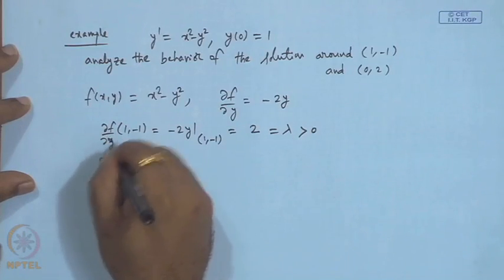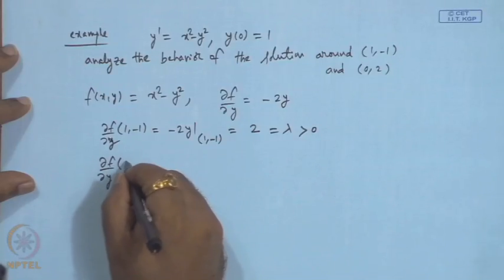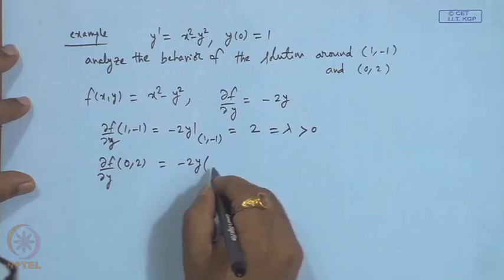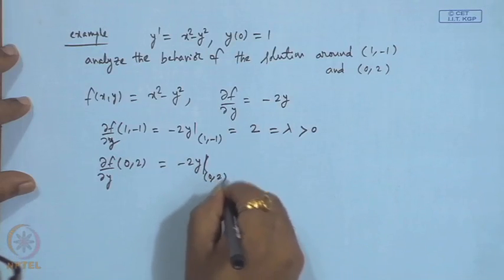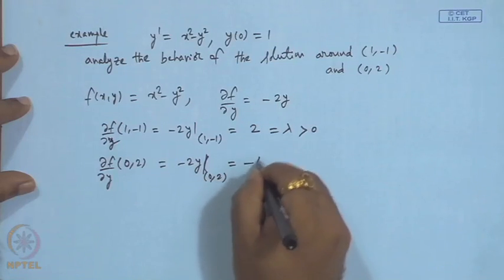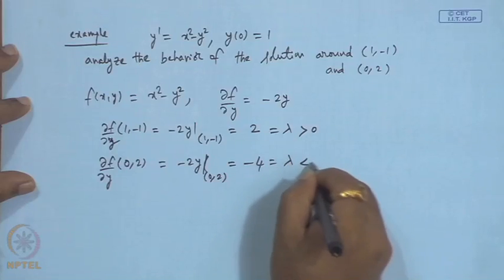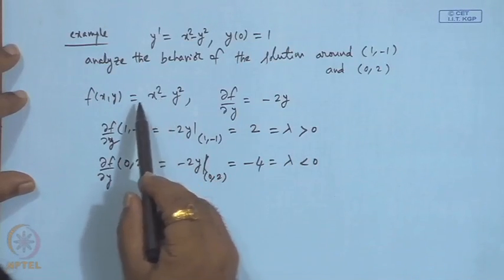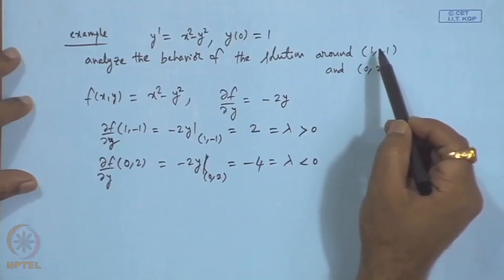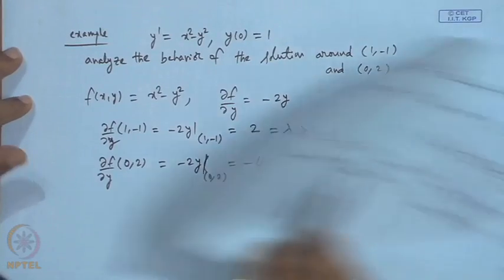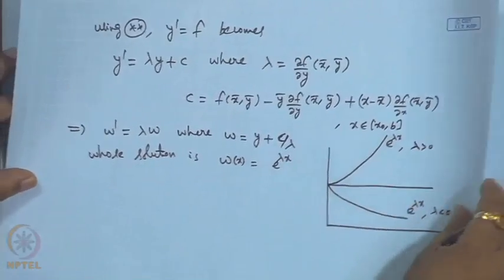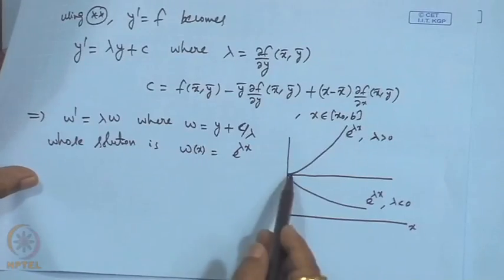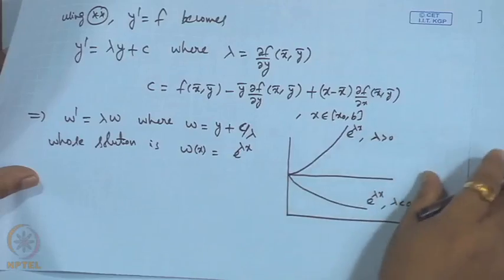Dou f by dou y, sorry, around 0, 2 will be minus 2 y, so that will be minus 4, which is lambda. So, this f around this point the solution behaves like this, whereas around 0, 2 the solution decays, and here it grows.